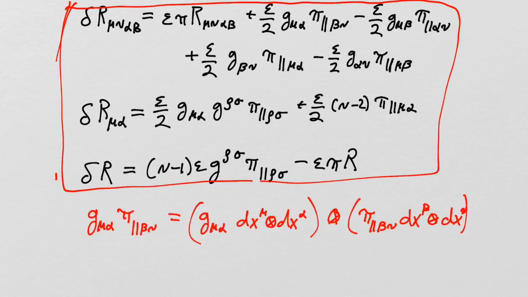Well, the first thing you would get is this here. This is just the component form, but what it really represents is the tensor product of the metric tensor, which is a field, right? Because this is a function on space-time, and the tensor represented by the second covariant derivative of this function pi, which is this tensor here.